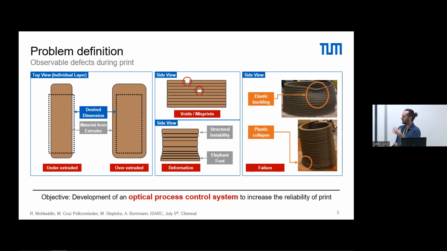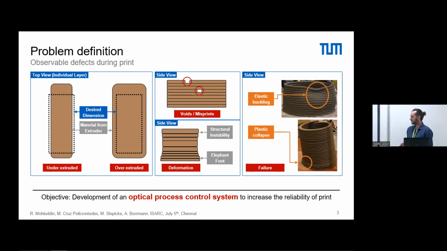All that can lead to different problems. For example, we can have under extrusion, over extrusion, misprints, deformations, and even failures, like if the material is not fit for the speed of the robot, if the shape is not perfect, or if we are printing simply too fast.